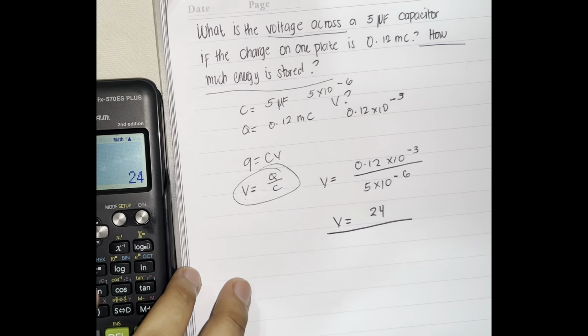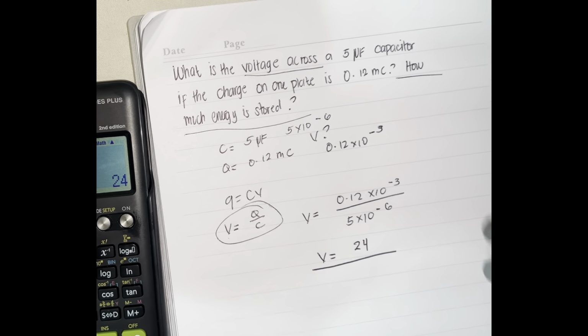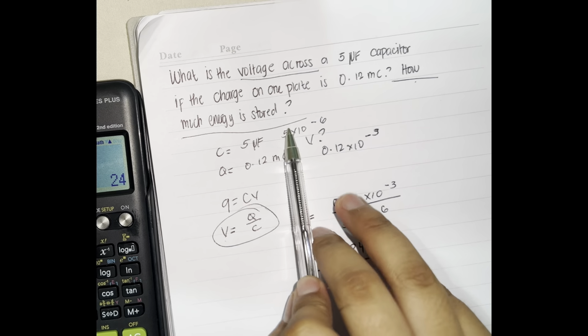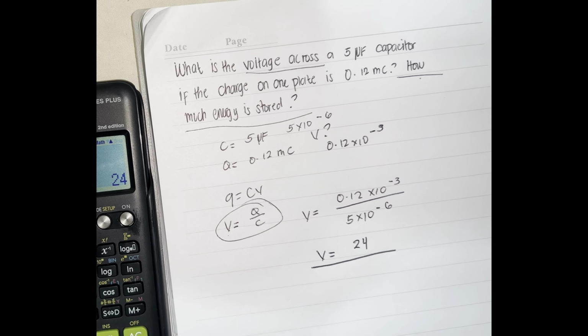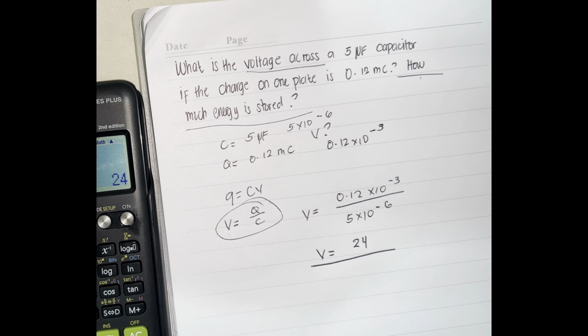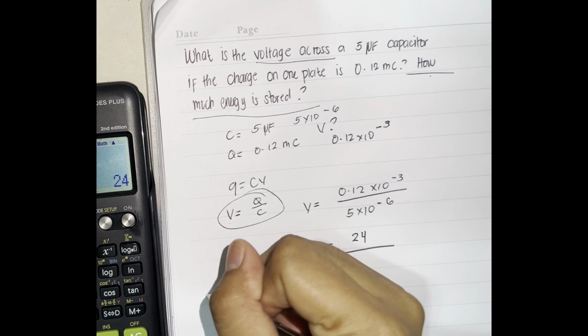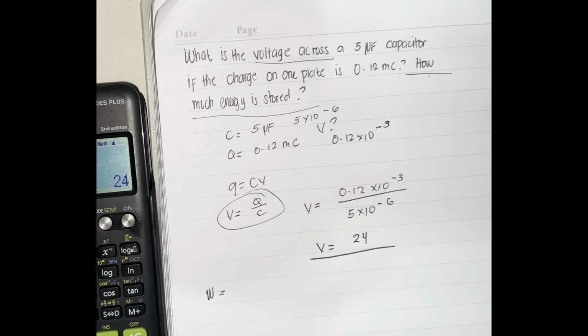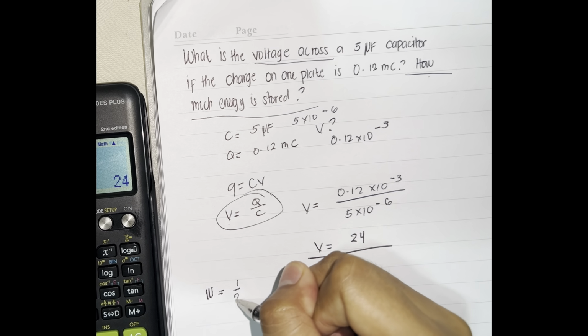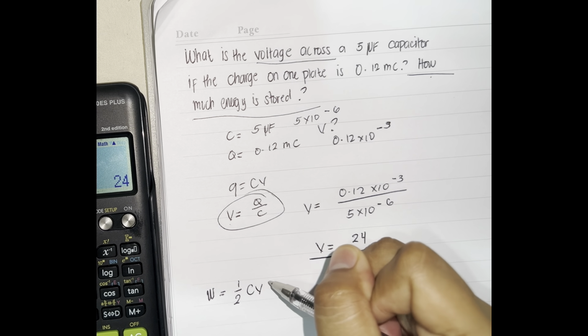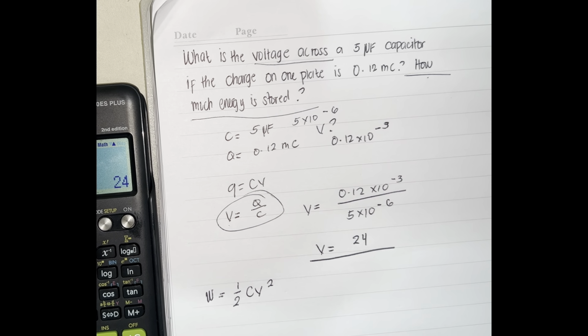So now, we are going to find how much energy is stored. As you can remember, the formula we will use is this one: W is equal to 1/2 CV squared.